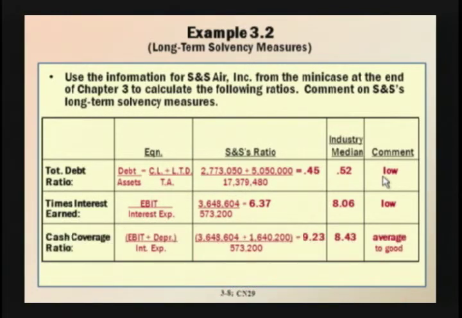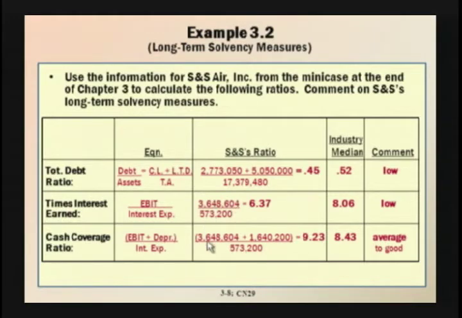The third long-term solvency measure is the cash coverage ratio, which looks at covering interest expense through the generation of cash. So it takes that EBIT, or operating income, and adds back the non-cash deduction for depreciation expense to see how interest expense was covered on a cash basis.